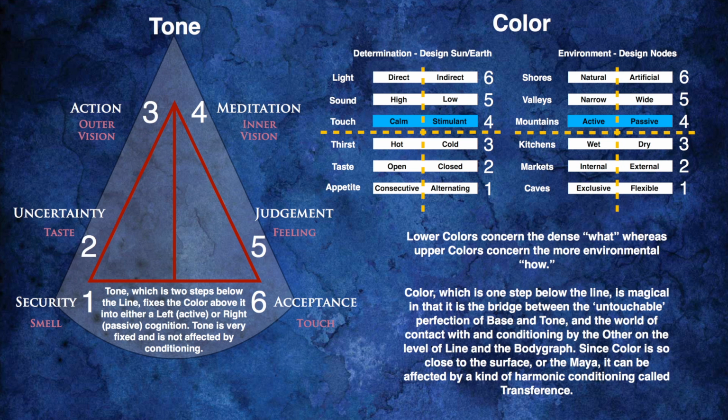But if it's a left fixed fourth color environment, you could have an active role within markets, you could have an active role within kitchens, you could have an active role within valleys or shores. As long as it's active, but you can jump in between them. It doesn't need to be just one or the other. That's the fascinating thing about the four. It's not about just one thing in particular. It can move between them.